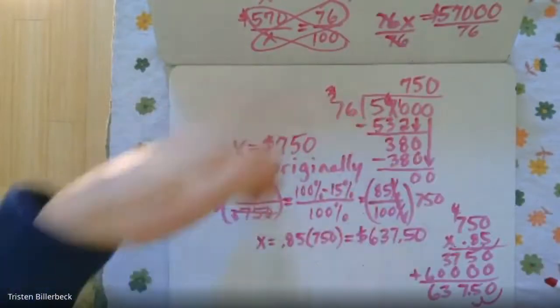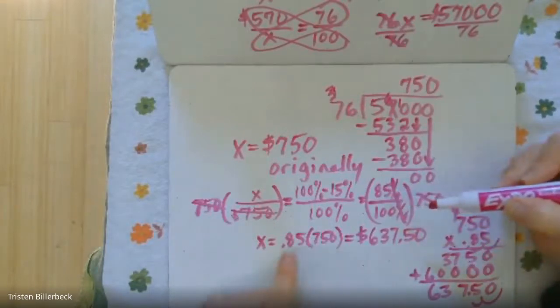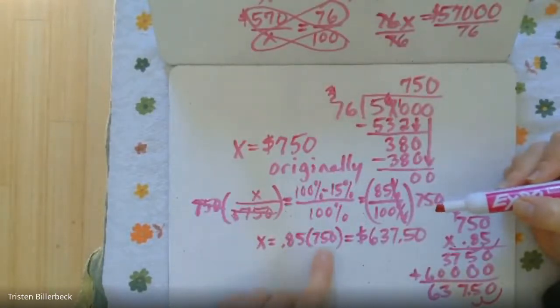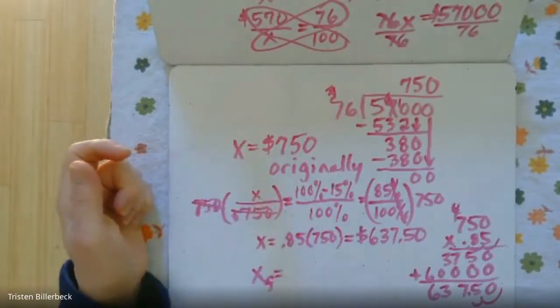But now we're going to take a 9% discount. Okay, so instead of doing this setup, we can see, 15% discount is just 0.85 times that. So 100 minus 15% is 0.85 times 750. So the X final, we're going to subtract 9% now.